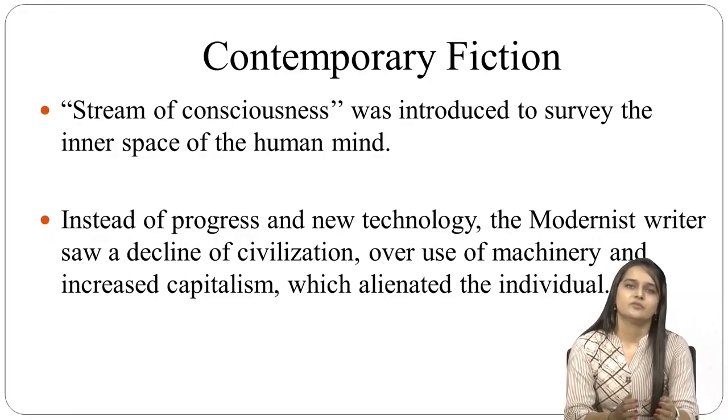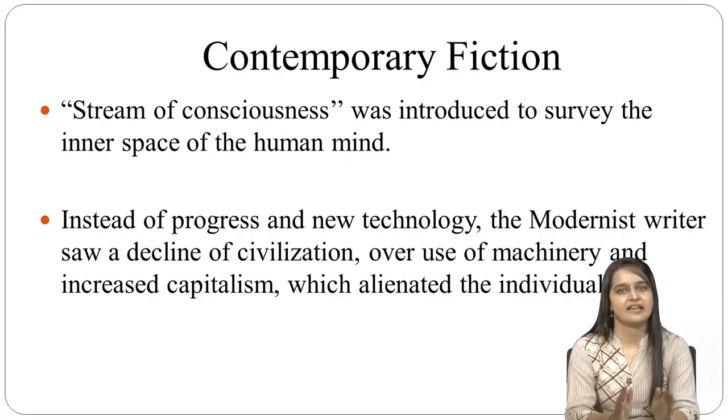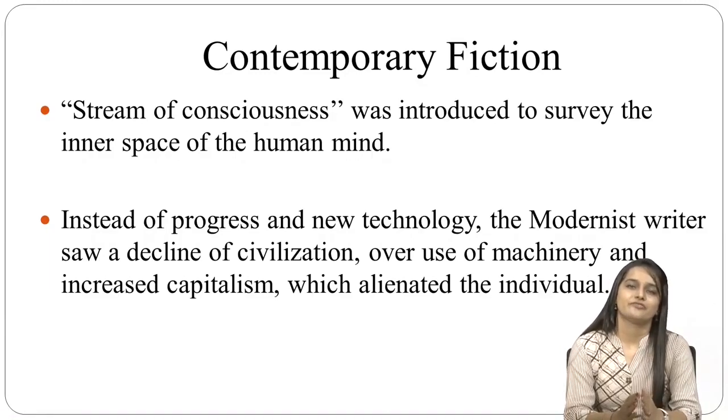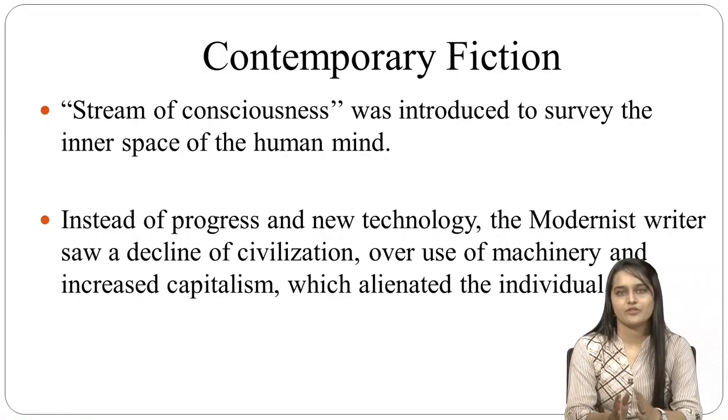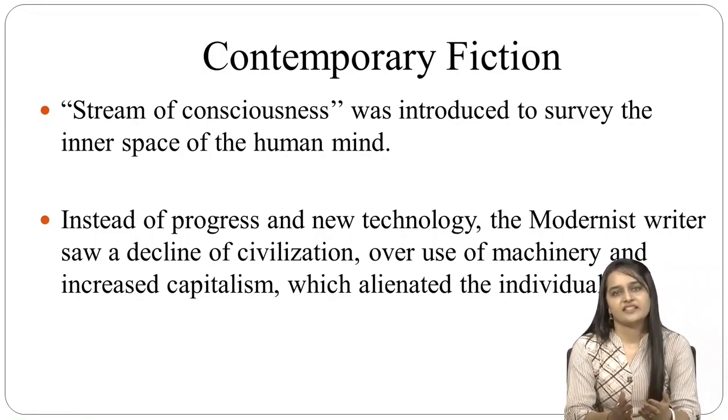Whereas earlier, most literature had a clear beginning, middle, and end, or introduction, conflict, and resolution, the modernist story was often more of a stream of consciousness. Irony, satire, and comparisons were often employed to point out society's ills.